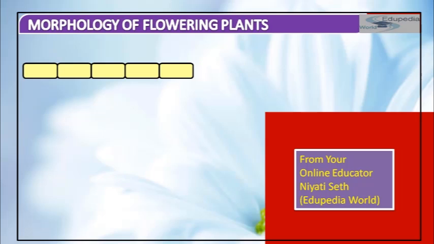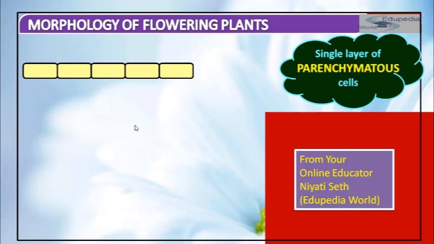First is your epidermis, which is a single layer of parenchymatous cells, students. Please note that epidermis is the outermost covering of the stem, which is represented by a single layer of compactly arranged barrel-shaped parenchyma cells. Intercellular spaces are absent. Can you see the intercellular spaces between these cells?